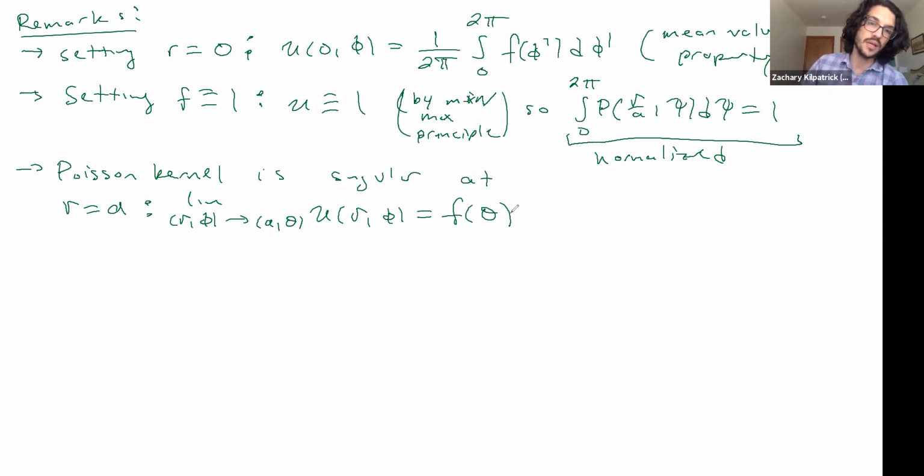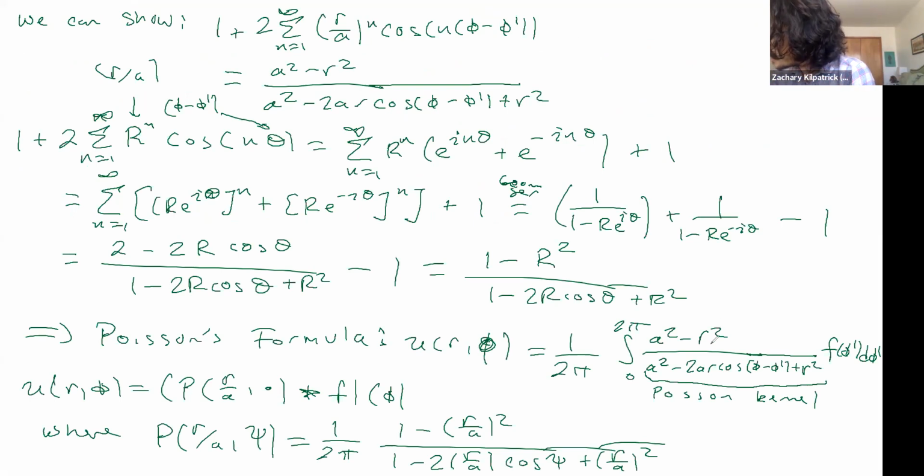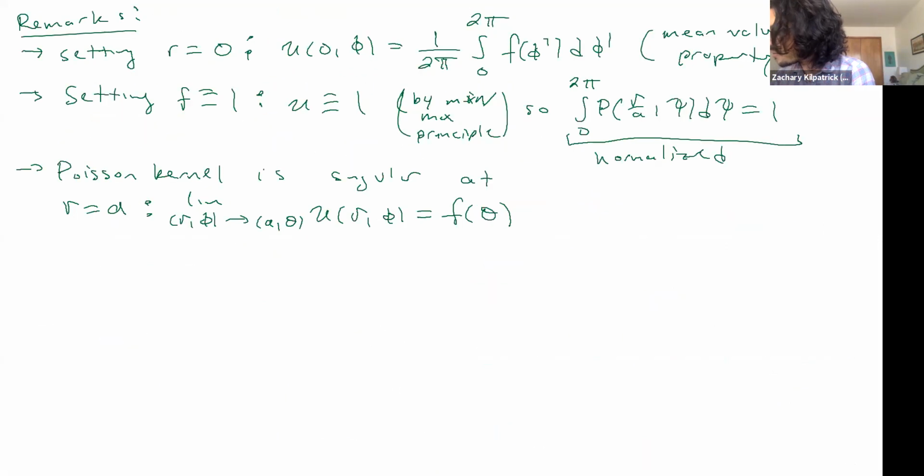We should recover that boundary condition. So that must mean that the Poisson kernel is behaving like a delta distribution on the boundary. And you can see here this is going to go to 0 in that case. We're not going to go through that proof, but it does recover the boundary data as we take the radius to the outermost boundary, okay?